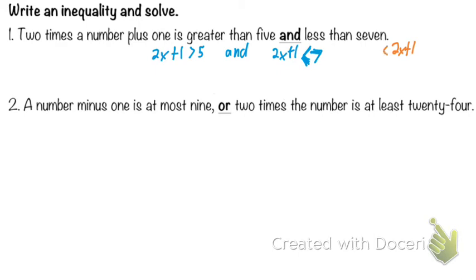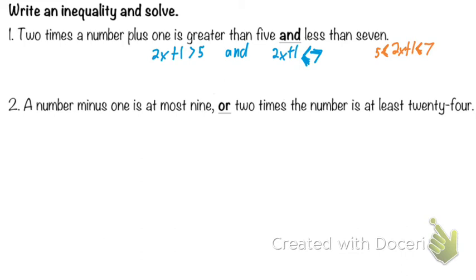If 2x plus 1 is greater than 5, then 5 is less than it, and that's less than 7. Notice this is an and inequality. We can say 2 times the number plus 1 is greater than 5, and it's also less than 7 by rewriting it, or we can put it all in a compound.